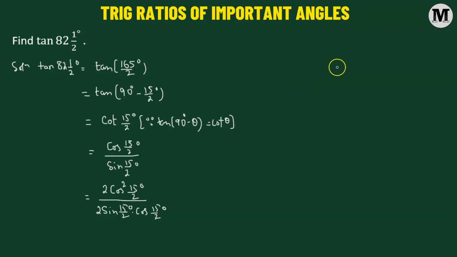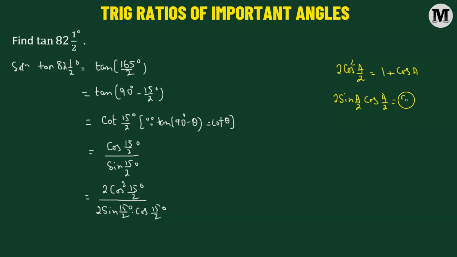In the numerator, we have 2 times cosine squared A over 2. So this corresponds to 1 plus cosine of angle A. So A here is going to correspond to 15 degrees. Similarly, in the denominator, we have our formula 2 times sine of A over 2 times cosine of A over 2.